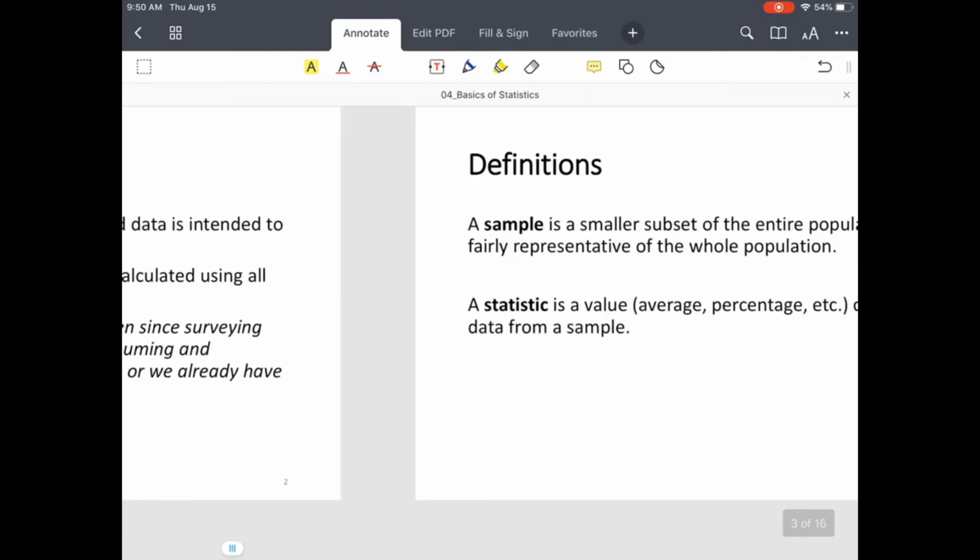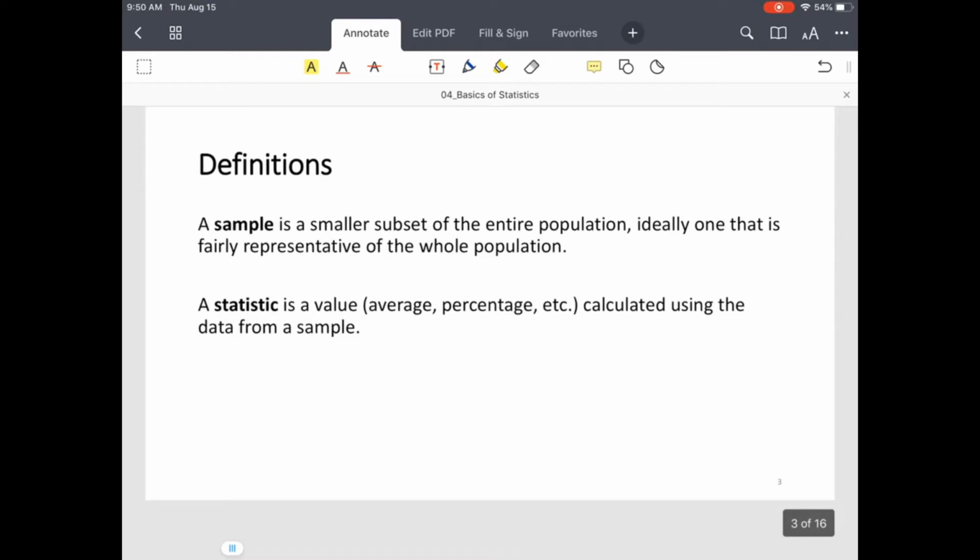We'll take what's called a sample, which is a subset, which simply means it's a smaller group of the population. Now you want it to be representative, so what they call the gold standard in terms of sampling techniques is called a simple random sample.